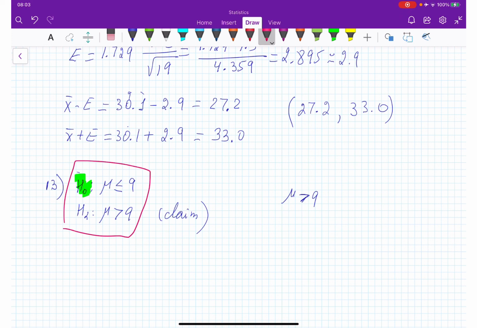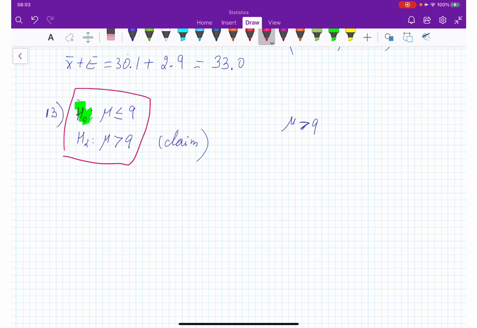Moving to number 14. So we need to write down the statement again. What do we have? An amusement park claims that the mean daily attendance of the park is 21,000 people. When it says is, it doesn't say at least, at most, less than, or more than.